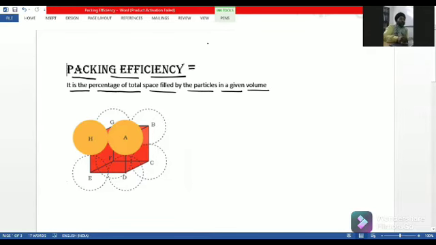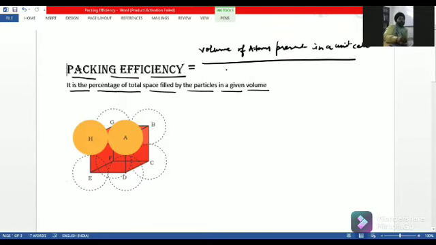The formula for the packing efficiency will be volume of atoms present in a unit cell divided by volume of unit cell, multiplied by 100, because we are calculating the percentage.